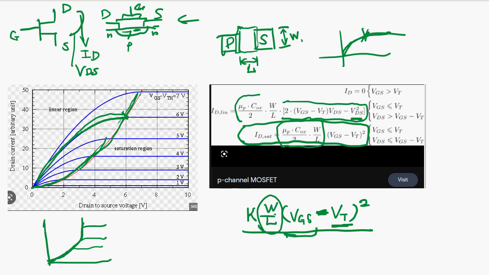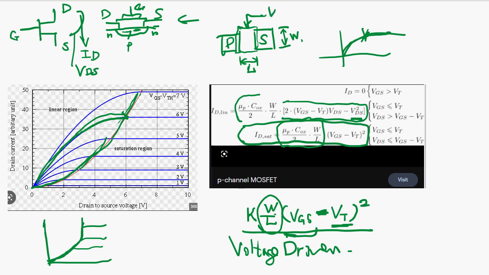So a MOS transistor is voltage driven, because you don't need to inject current into the gate at all. The gate is insulated, so there's no current flowing in. It just feels the effect.